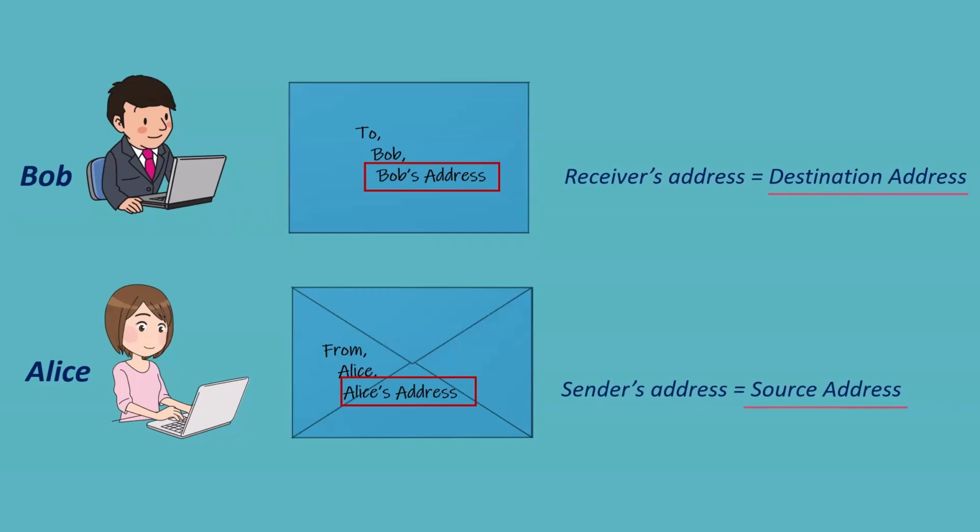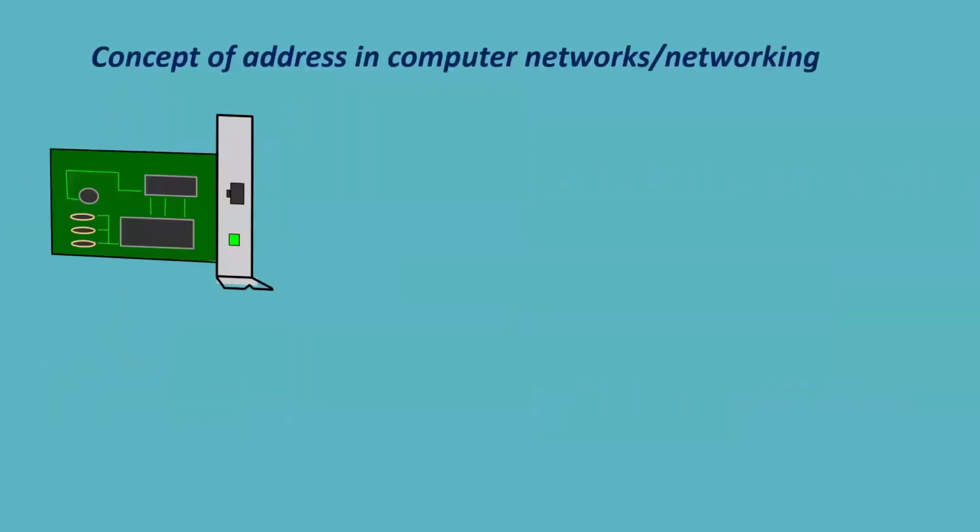Now we have drawn this analogy of how addresses are used when a letter is communicated between two people. Let's extrapolate this into how these would work in computer networks. Just like Alice had an address and Bob had his address, similarly, in computer networks, each NIC card has an address.